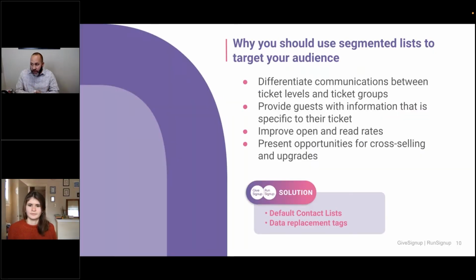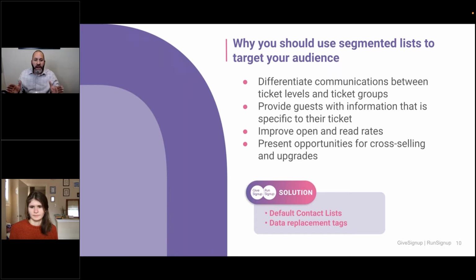Okay, now why you should use segmented lists to target your audience. First of all, you may have different information that you want to give your folks that are coming to the Friday sessions of your event versus the third and last day. Maybe there's different entertainment. Maybe there's different wines that you're offering in the tasting sessions. When you do that, it's giving them information that's really specific to their ticket, and it's going to improve those open and read rates.